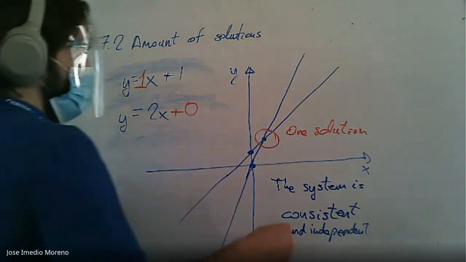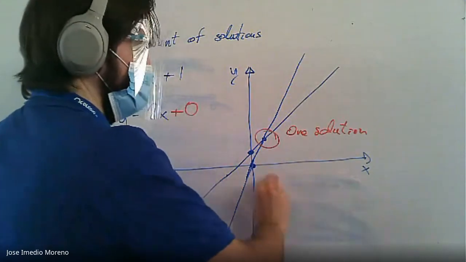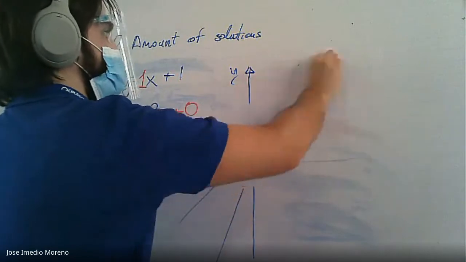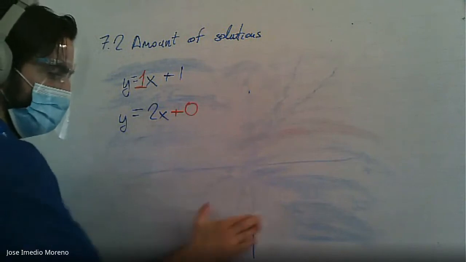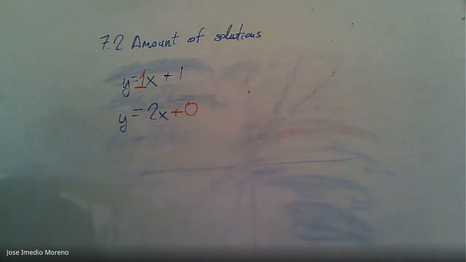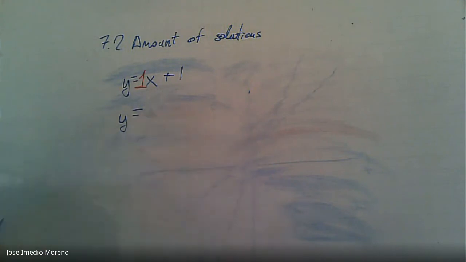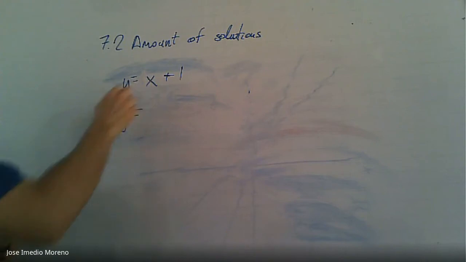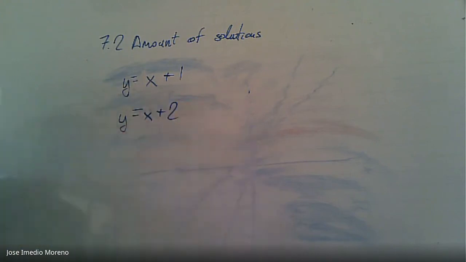What happens if I have a system where, for instance, the second equation is x plus 2?